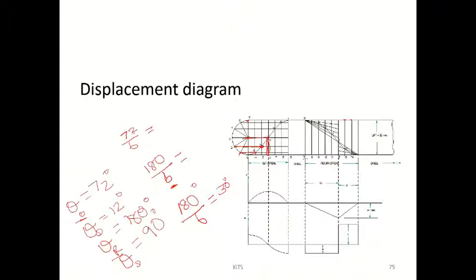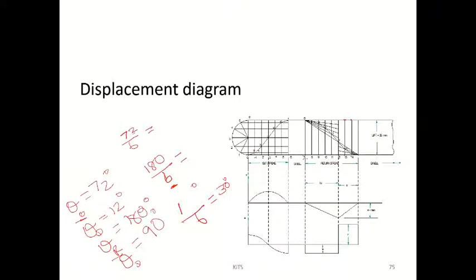So 3 to 3, point C. Fourth line to fourth point, point D. 5 to 5, point E. Okay. So we got all the points.